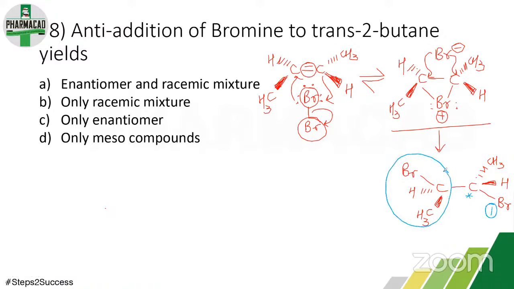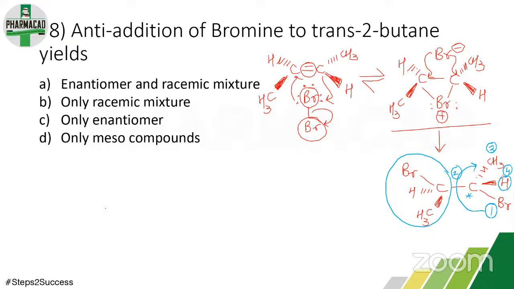After that, this whole group is second, this methyl is third, and this hydrogen is fourth. Now 1 to 2 is clockwise, but you can see the lowest priority, the hydrogen, is on a solid wedge, nearer to the observer.